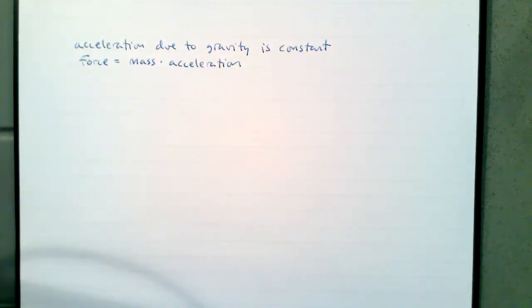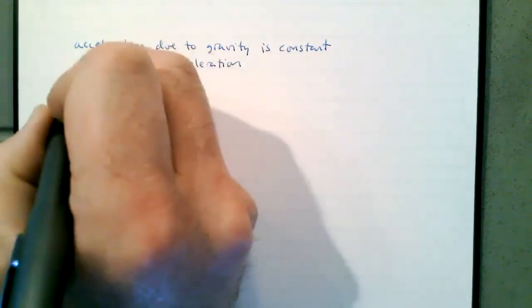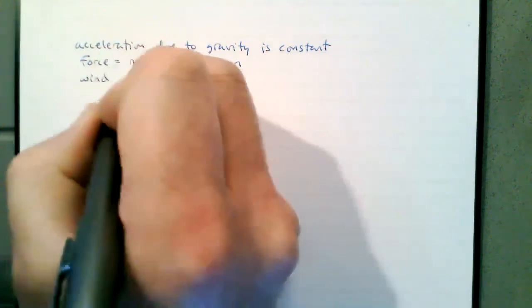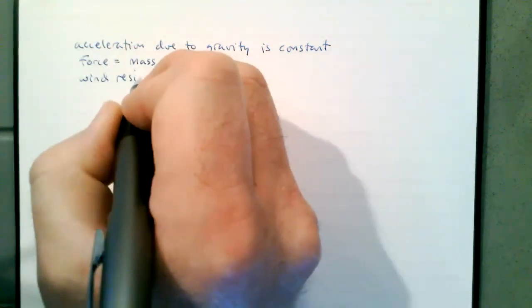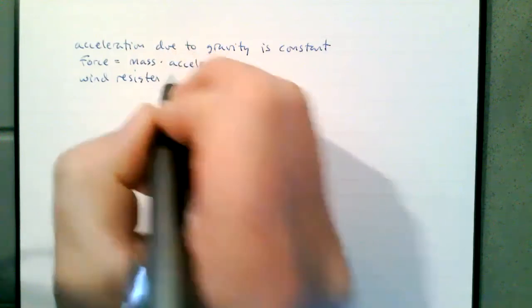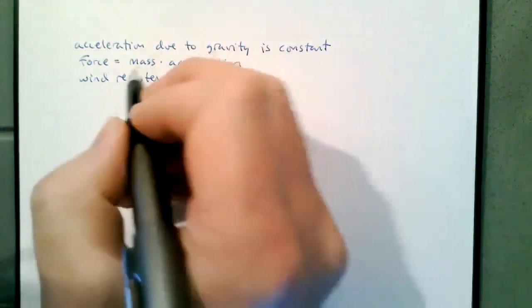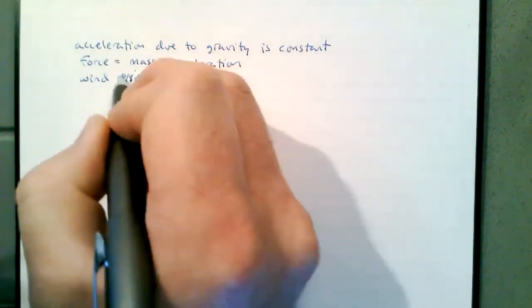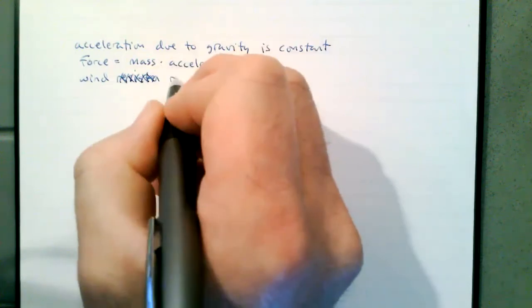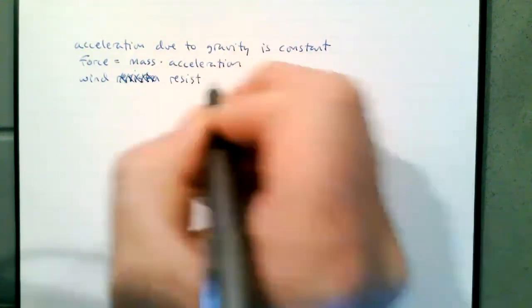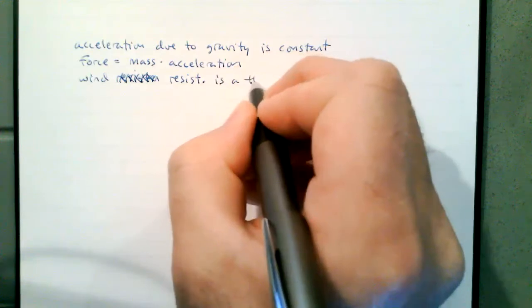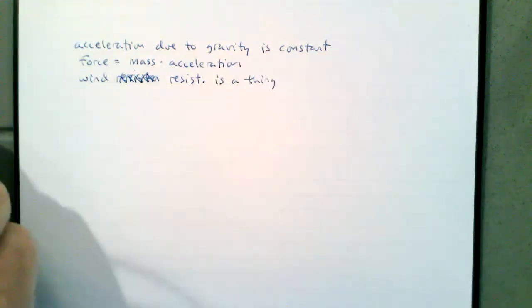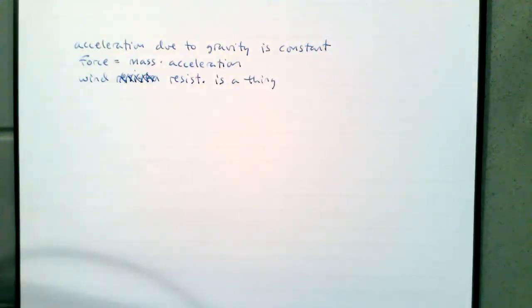We also know that wind resistance is a thing. Oh, maybe I should say air resistance. Is it resistance or ence? When in doubt, abbreviate. So we need an idea about how to describe wind resistance.